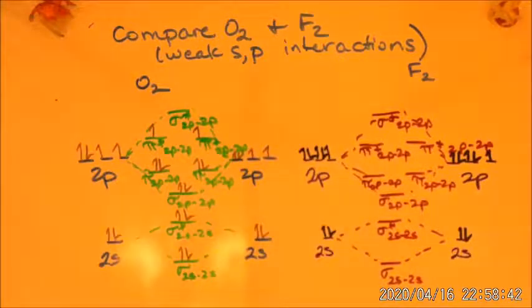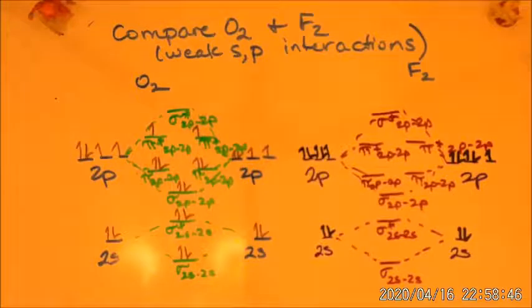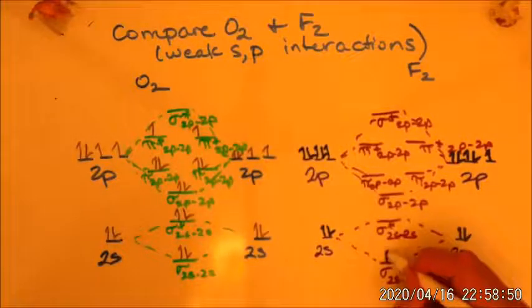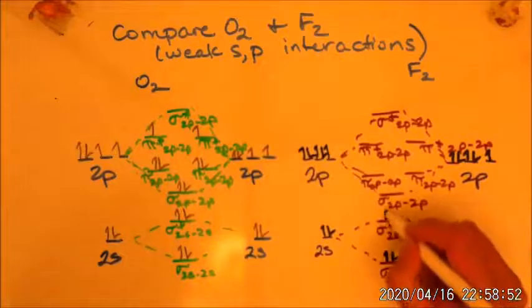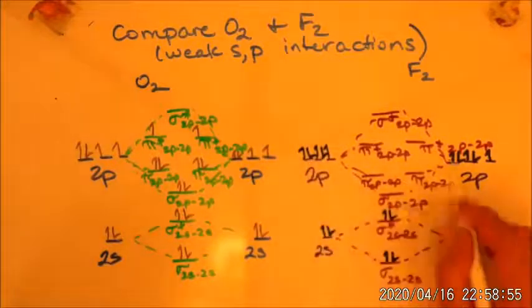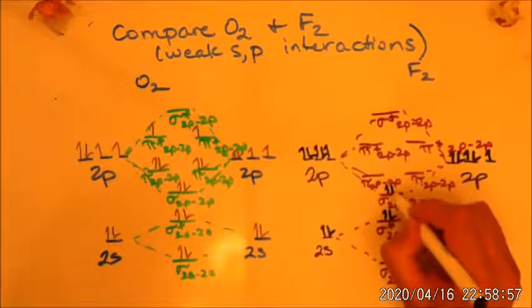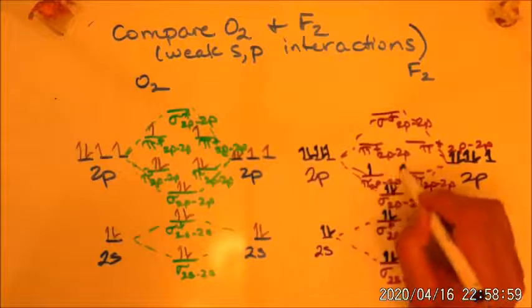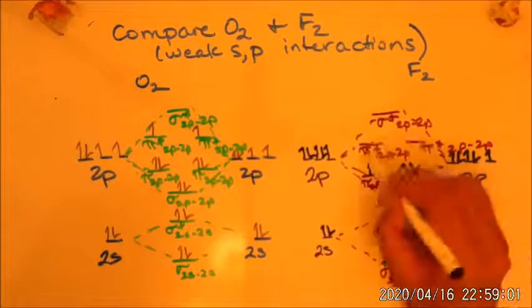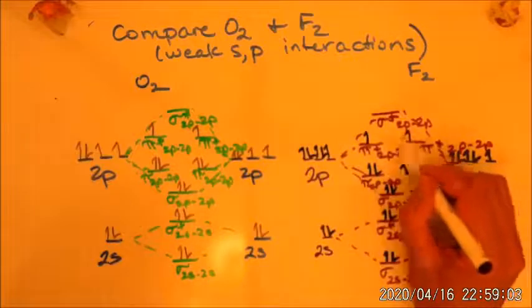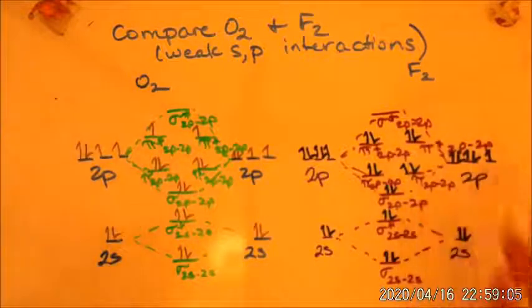So that's oxygen. We've seen this before, so it's good to know that I haven't made any errors. Here's that consistency. 1, 2, 3, 4, and I have 10. So 1, 2, 3, 4, 5, 6, 7, 8, 9, 10.